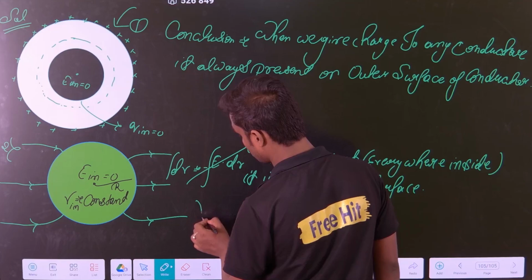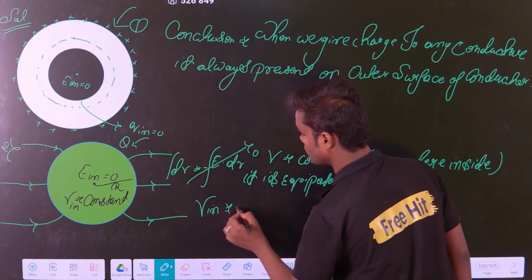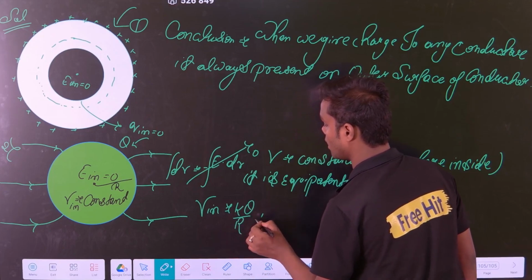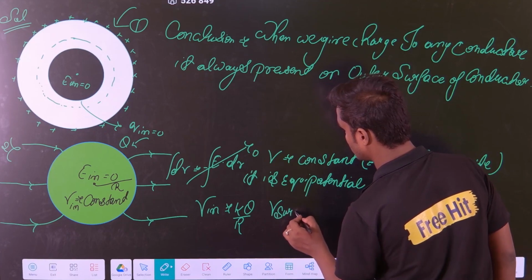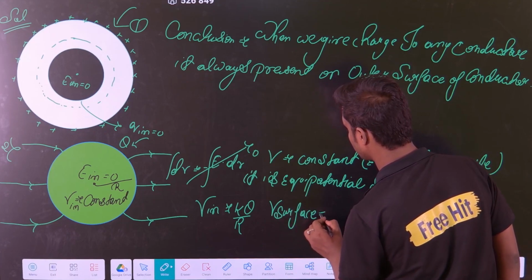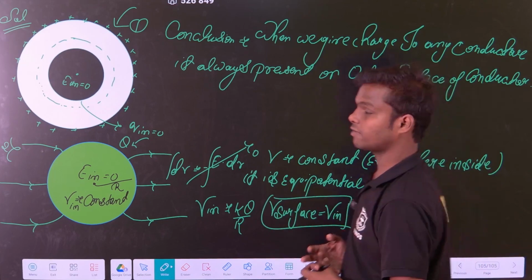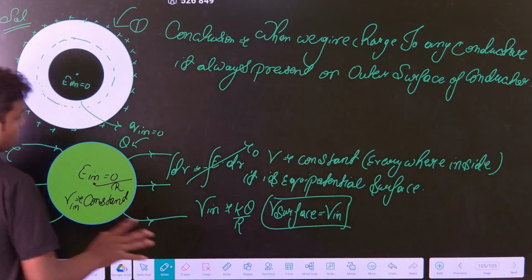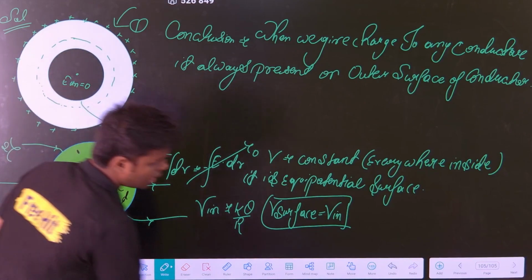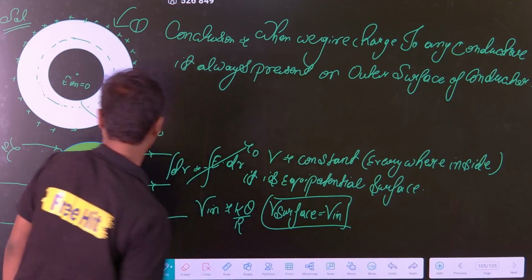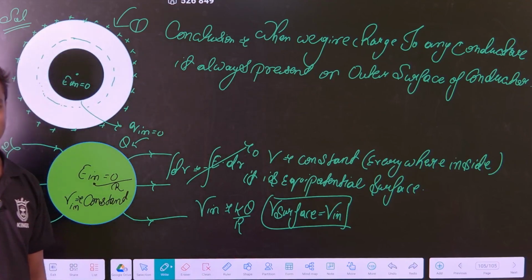Then the potential inside will always be kq by r, and the potential at the surface will also be kq by r. Clear? Any doubt here?